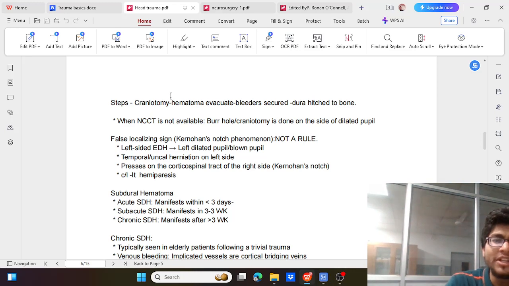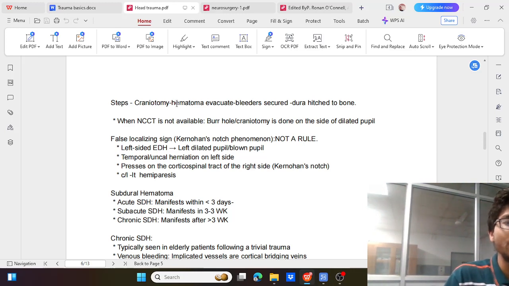We connect the holes with a mechanical drill, like a driller. So through the driller machine we do the craniotomy, or it can also be done with a Gigli saw.